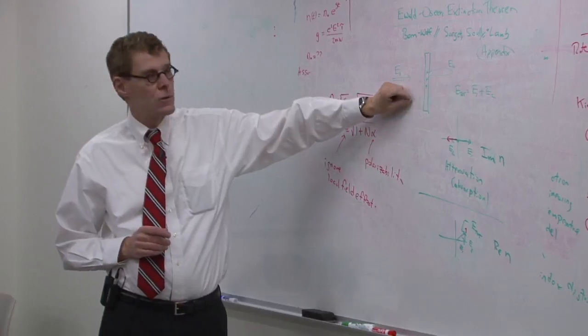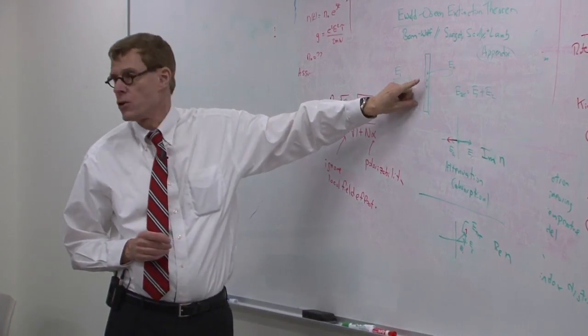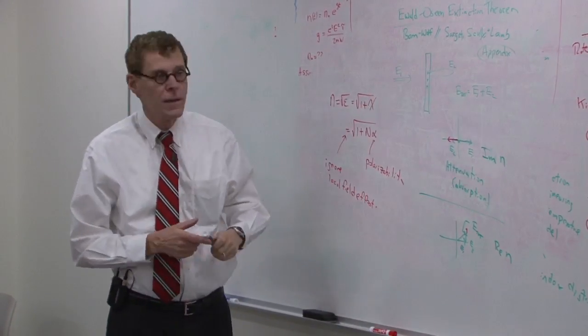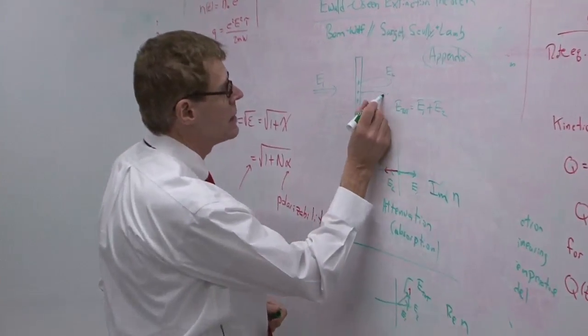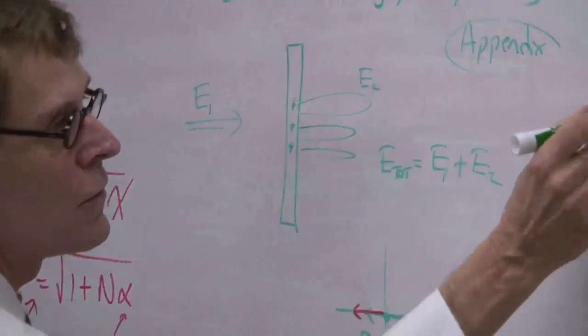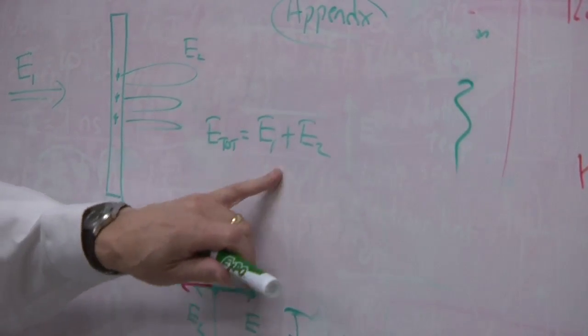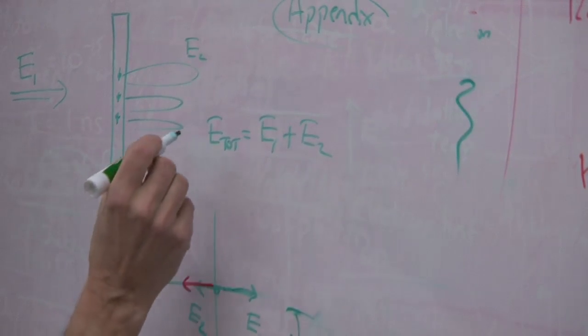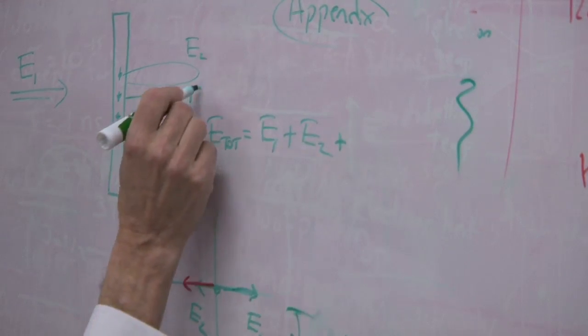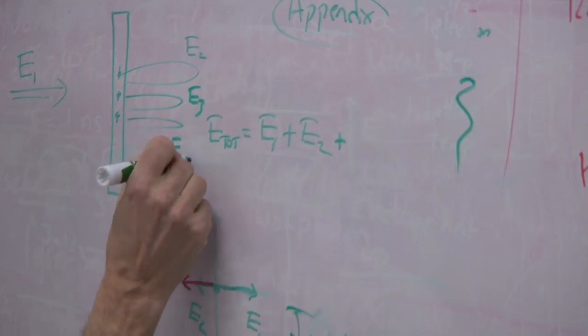Just to make it clear, these atoms are not talking to each other. Each of these is emitting a dipole pattern. You go far enough away that you get complete, if you want, E3 plus E4.